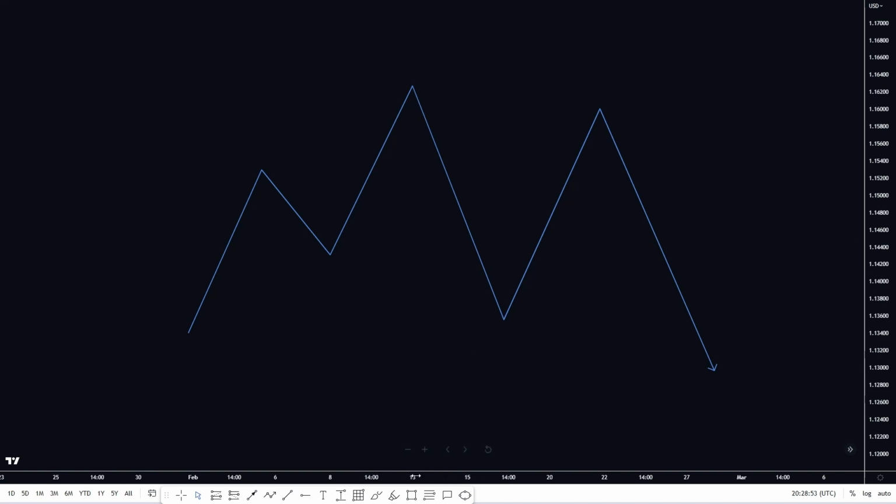So for example, if I was going to mark up this chart, I'm identifying areas such as this high in here. Now, why is this high good? Because it shows an area of price where there was a clear rejection. So we know that this area in here is likely to become an area of resistance.